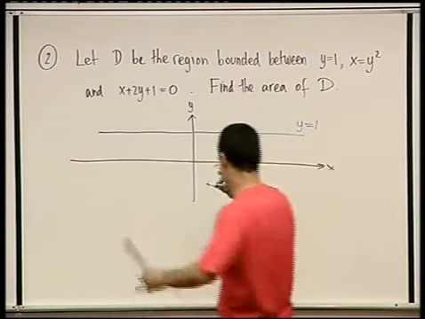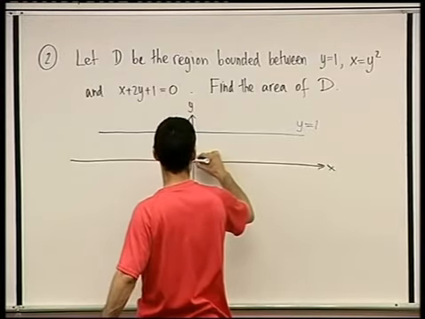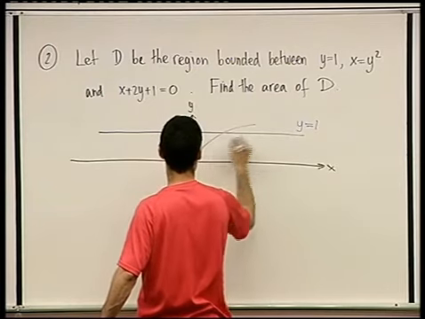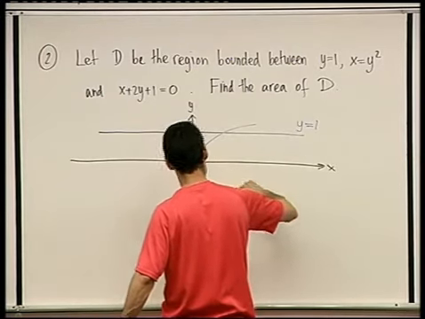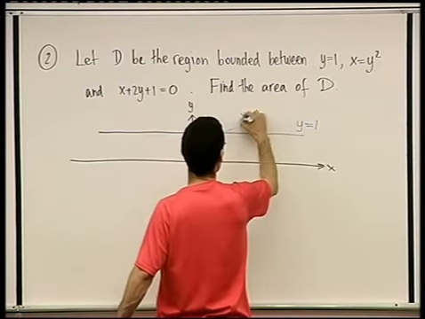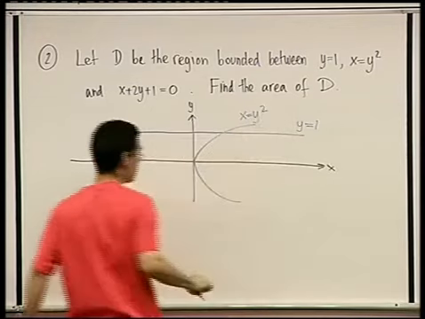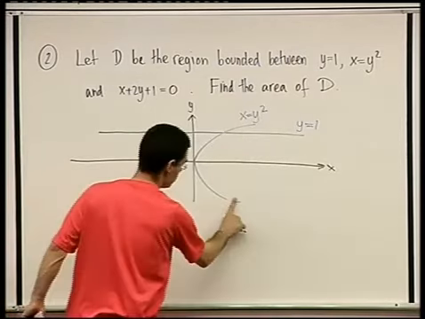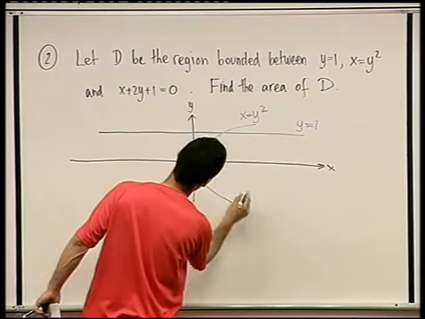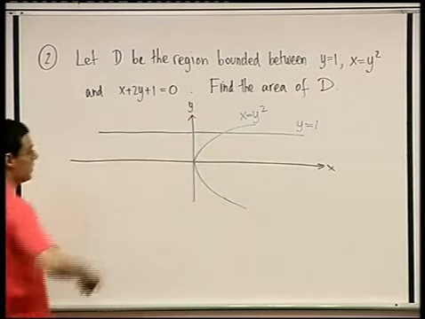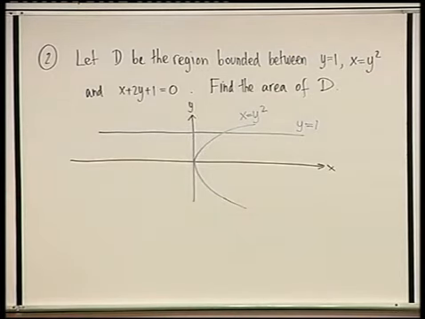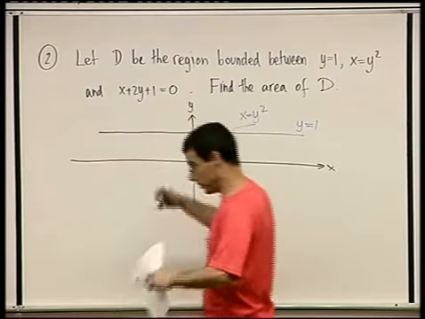It's not y equals x squared. So it looks something like this. This is x equals y squared. Do you agree? Has to be symmetric.